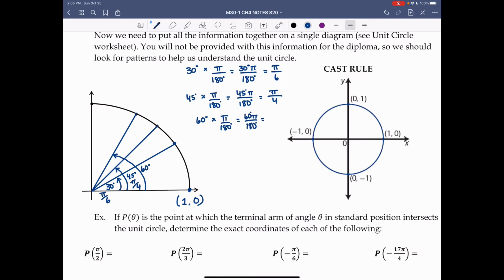Can divide both by 60. We get pi over 180 divided by 60 is 3. So pi over 3 is the radian measure for an angle that is 60 degrees. And then if we look at 90 degrees, that would give us this point up here, which on the unit circle, the radius is 1, so our y value would be 1, and our x value would be 0.